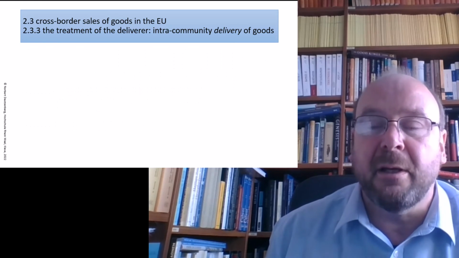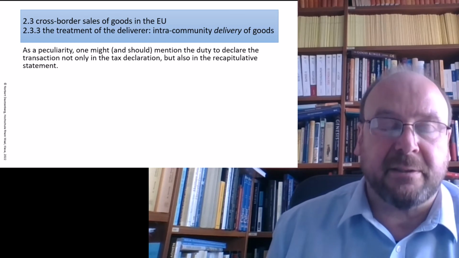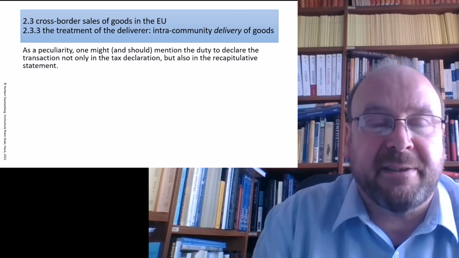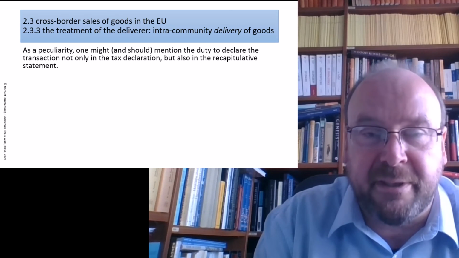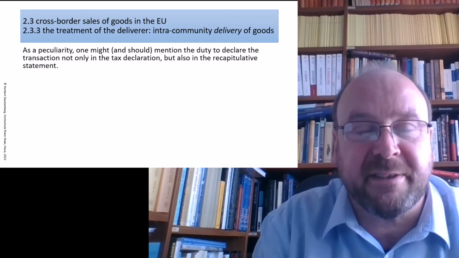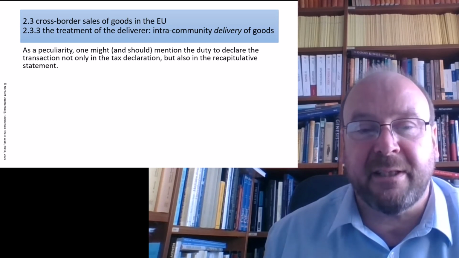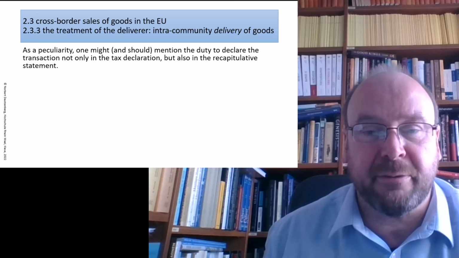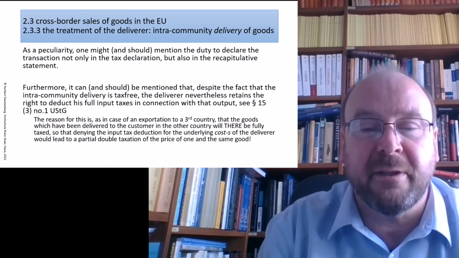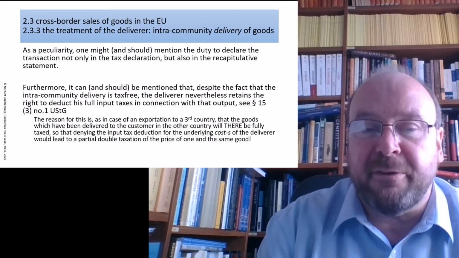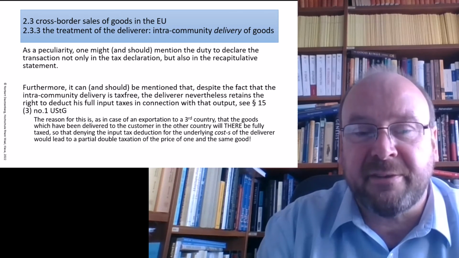Well, one might, if you solve a case, add under position number 6, are there any peculiar, strange aspects which the normal testing scheme does not cover? You might add that you have to hand in a recapitulative statement in addition to the normal tax declaration. And furthermore, you should mention something about input tax claims.